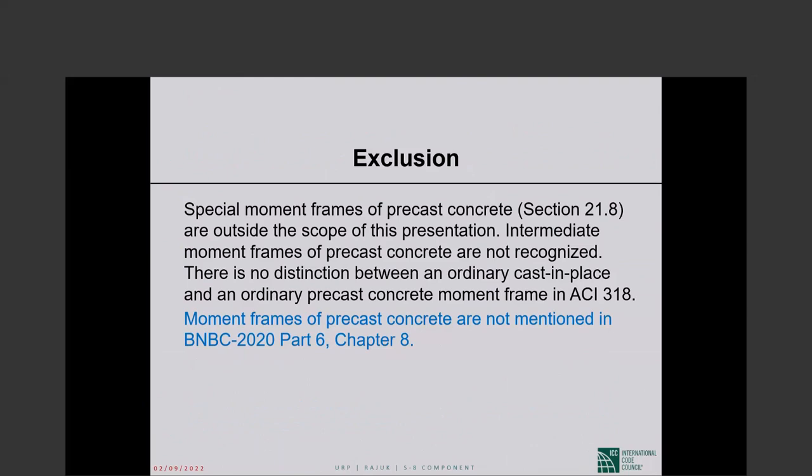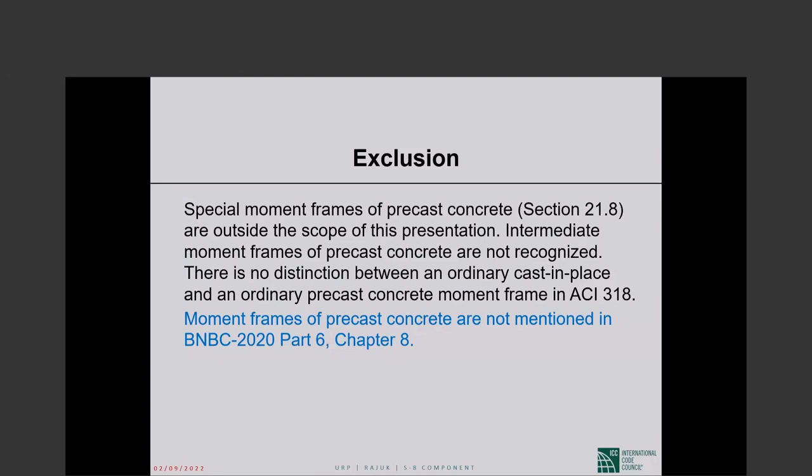Now, this is something I want to make clear up front. Special moment frames of precast concrete, which is Section 21.8 in ACI 318-08, are outside the scope of this presentation. I will not go in there.